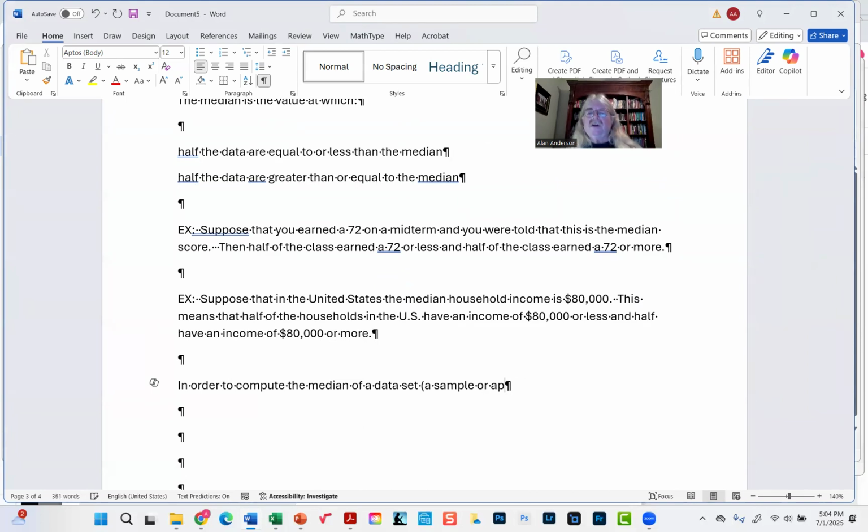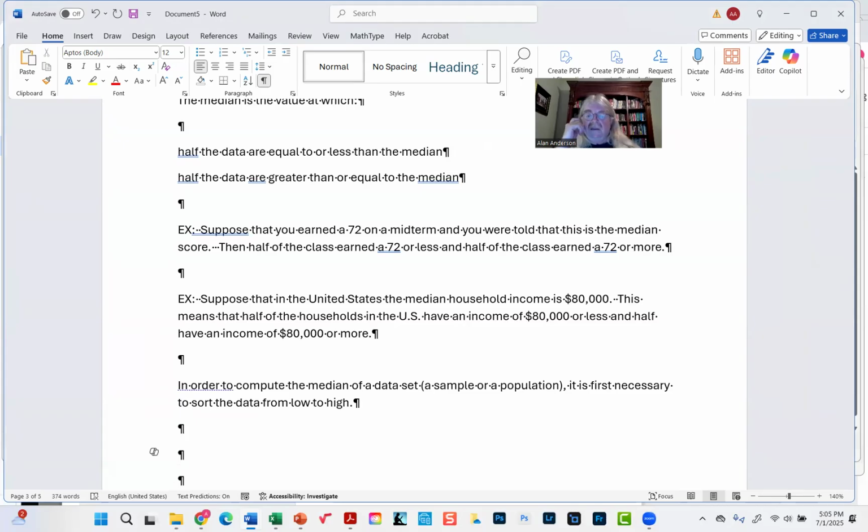If we're specifically talking about a sample, we'll say so. If it's specifically a population, we'll say so. The words data set can be either. So in order to compute the median of a data set, it is first necessary to sort the data from low to high.